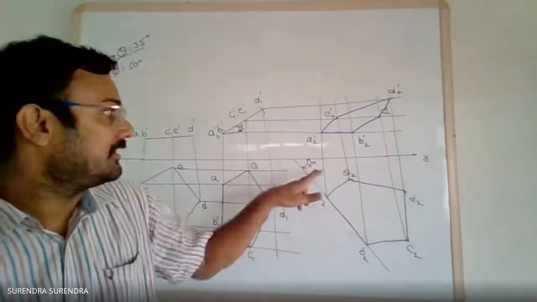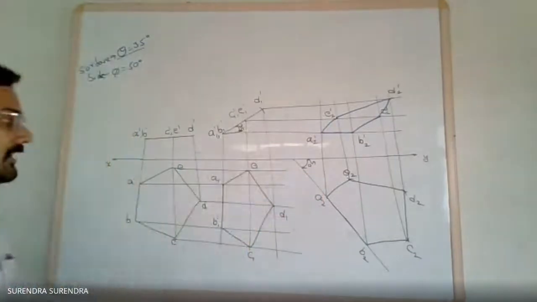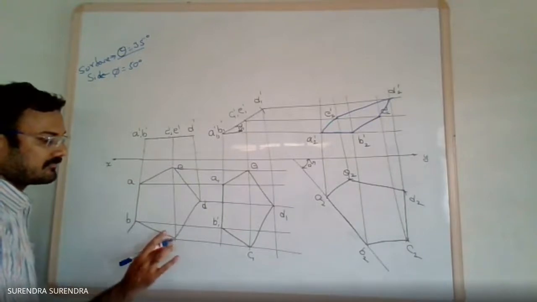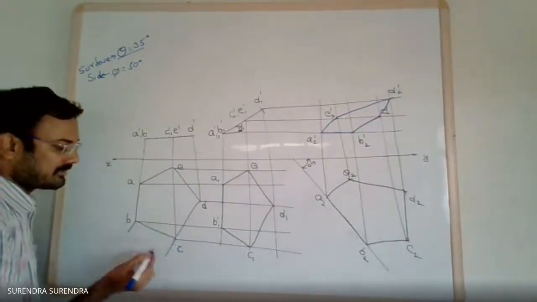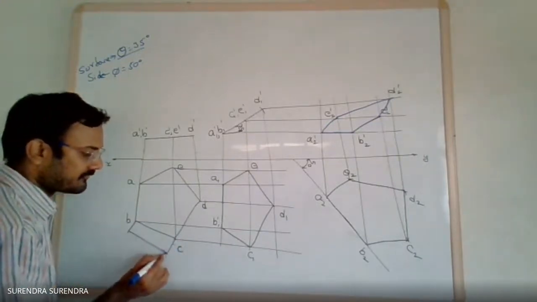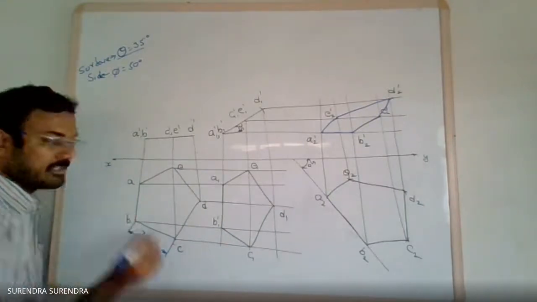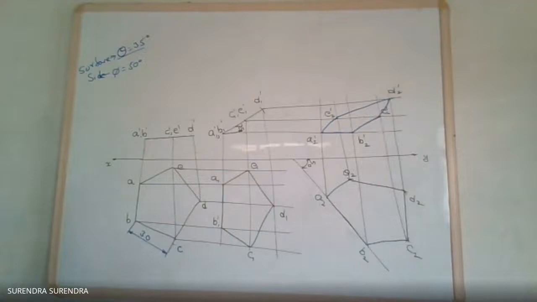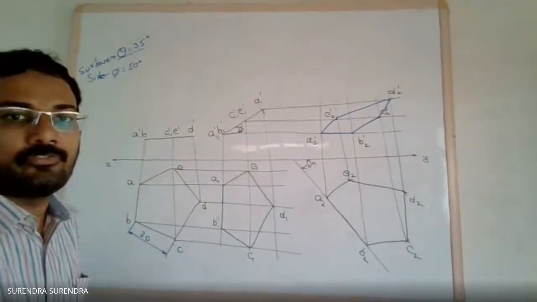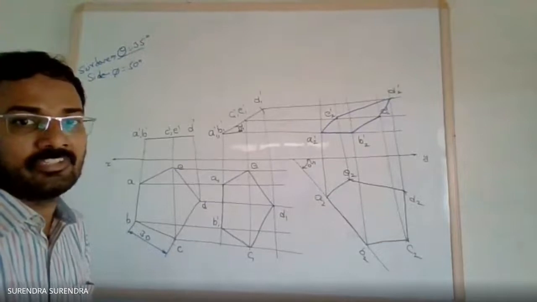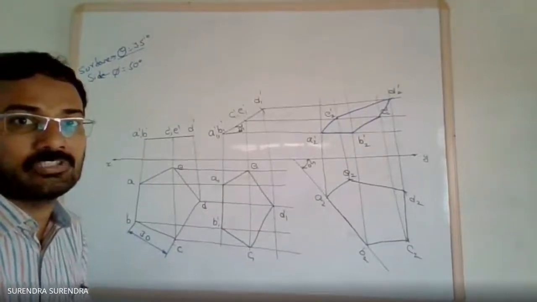Already we represented the 2 angles and the side of the polygon. Any one side we can represent. So this is the way of drawing when the plane is inclined to both the reference planes.